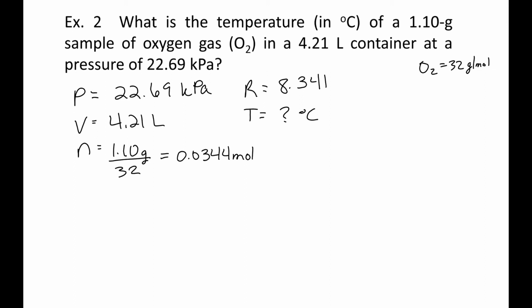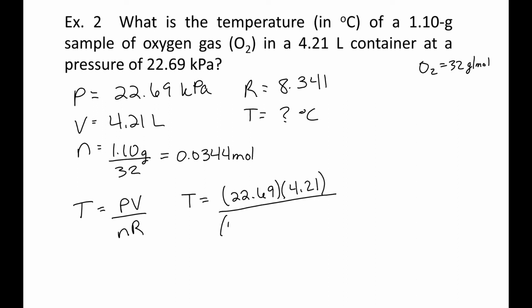So we're finding T, and T we know is PV over nR. So T equals 22.69 times the volume, which is 4.21, all over 0.0344 times 8.341. And what I get is 333.